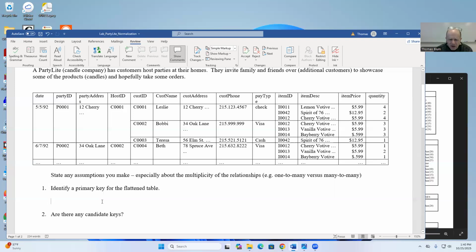Remember, the job of the primary key is to uniquely identify each record. One step is always that something that identifies the repeated thing, the listed thing, the list of things, must be part of the primary key.